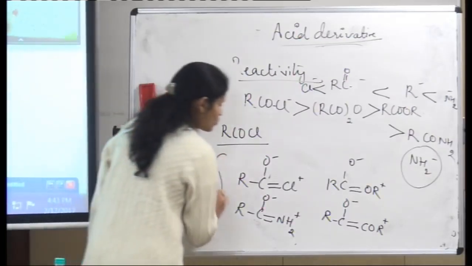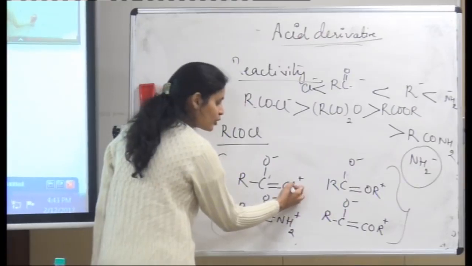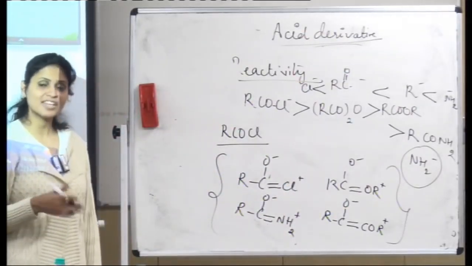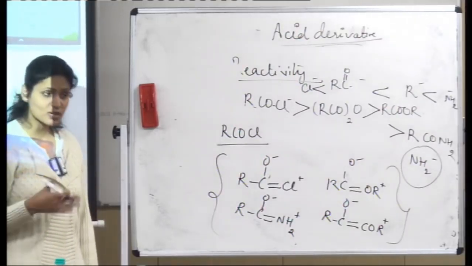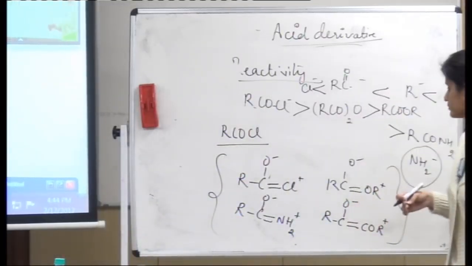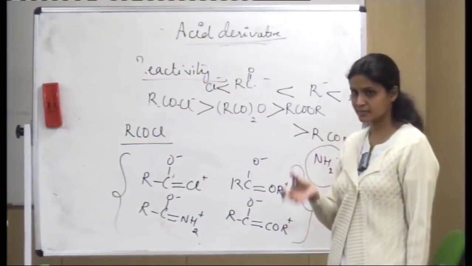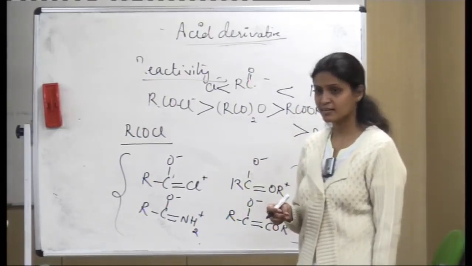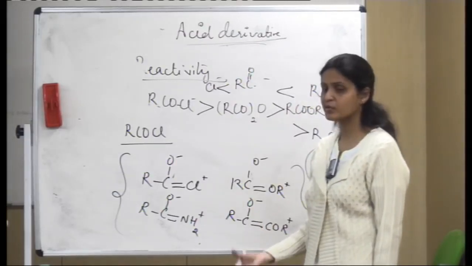Out of these four, which is more stabilizing in nature, considering the fact that chlorine is electron withdrawing in nature, and hence having a positive charge on it results in more stabilization or least stabilization? Yes, chlorine will withdraw the electrons.